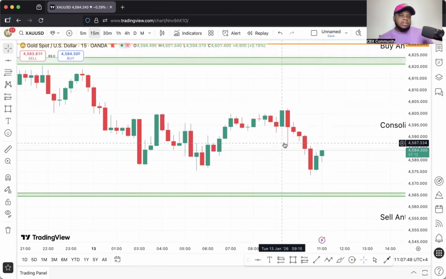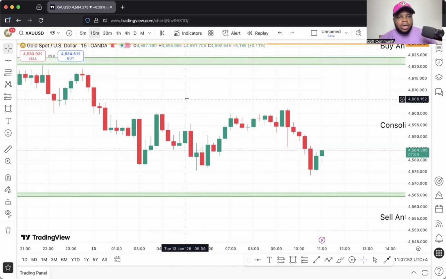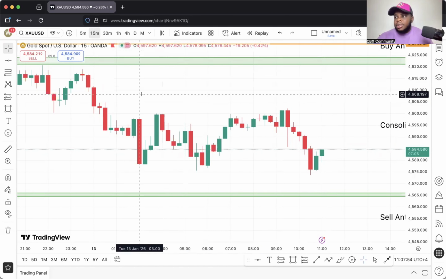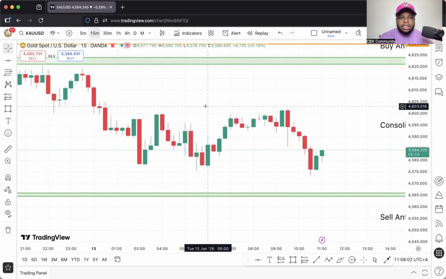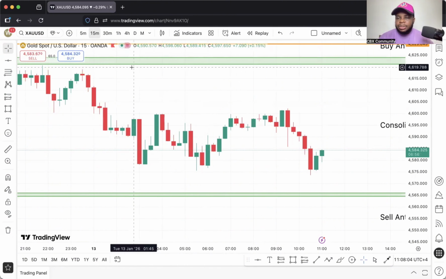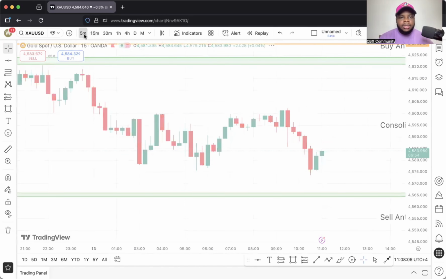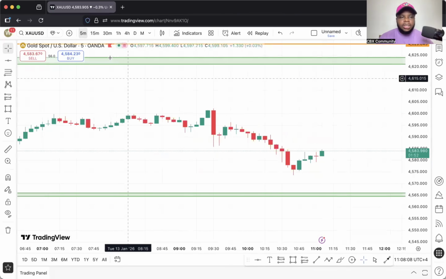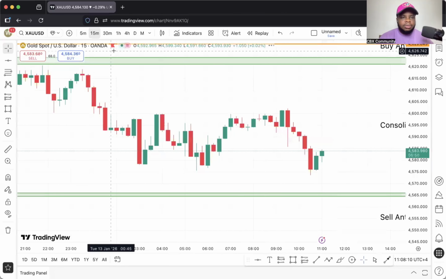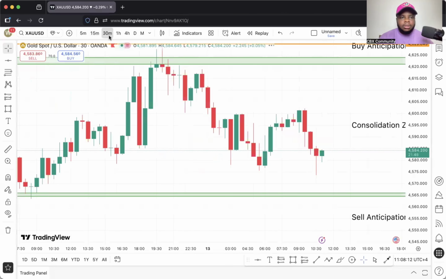But we are not looking at the 15 minutes or the 5 minutes. We are looking at the 30 minutes and the 1 hour. But I just love to kind of know what the 15 minutes and the 5 minutes market condition are saying, just to know what the market is doing, but our trading time frame is 30 minutes and 1 hour.